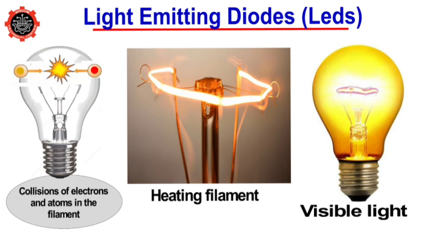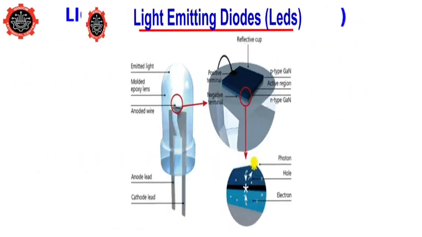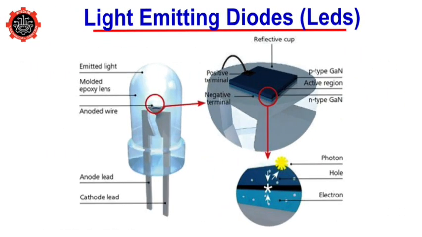The filament go heat up so much that it go produce visible light. LEDs no dey produce heat before light, and so they be much more efficient in terms of energy.